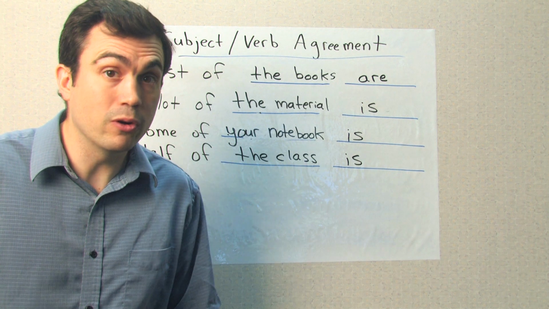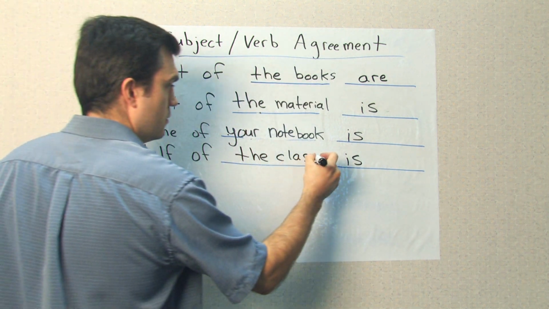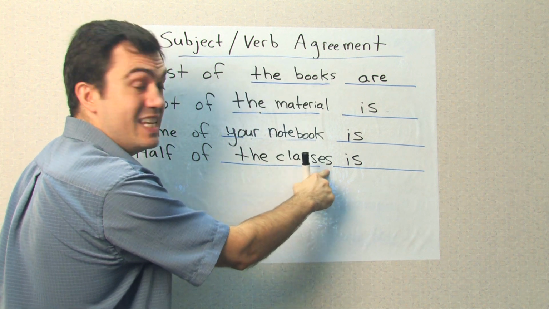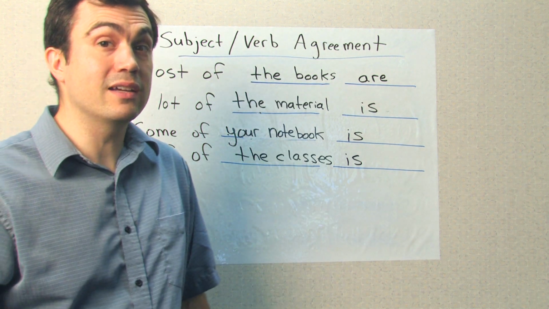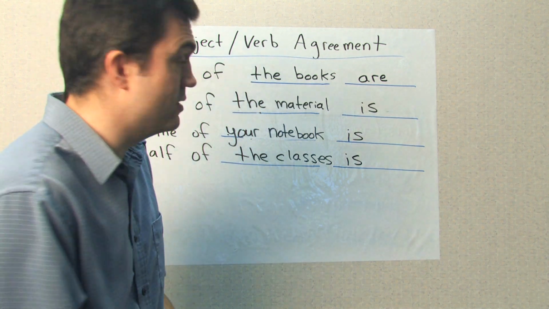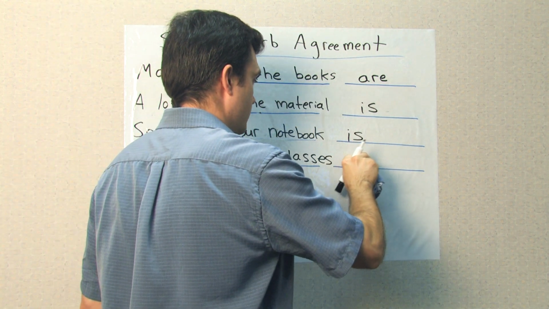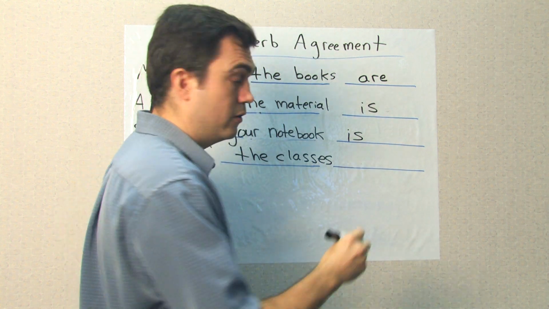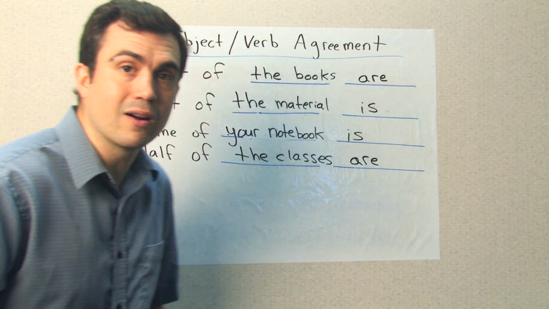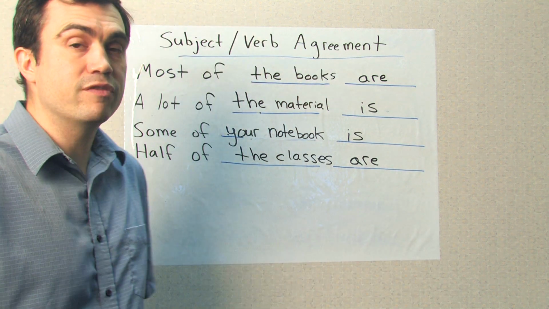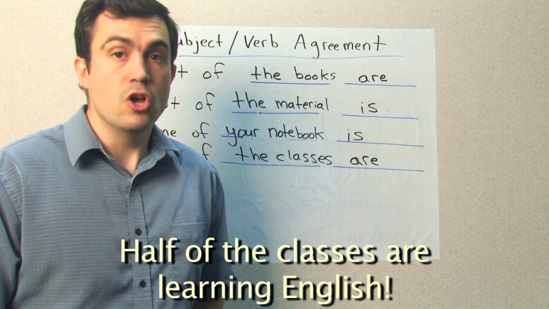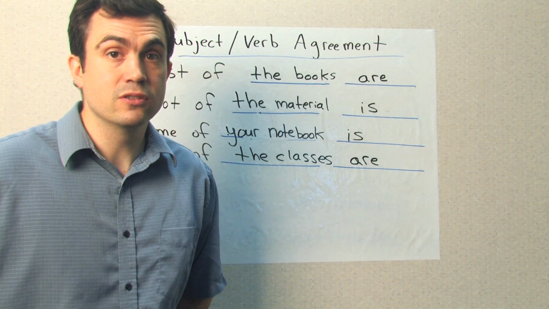Let's make this plural. Remember, if it ends in S, ES. Half of the classes, plural. Are, A-R-E. Half of the classes are learning English. Okay?